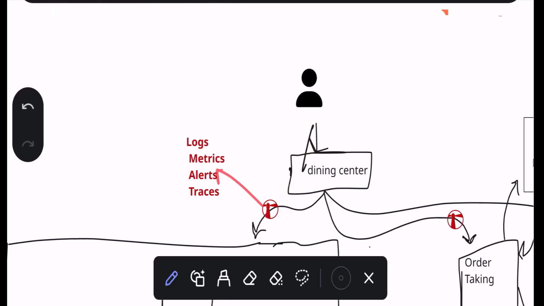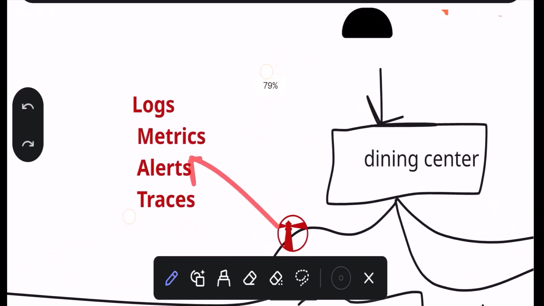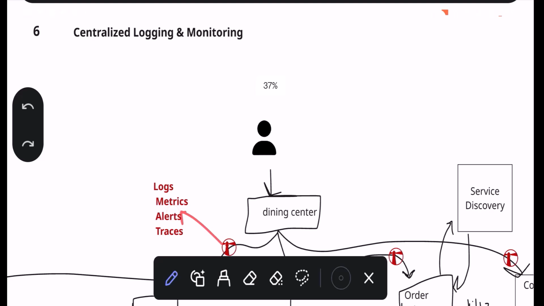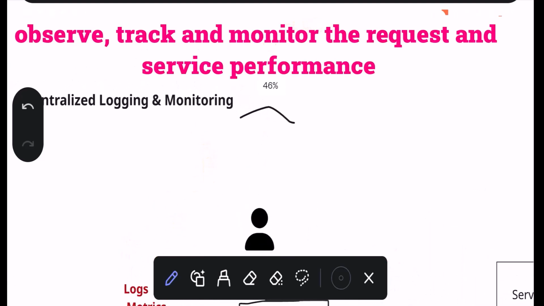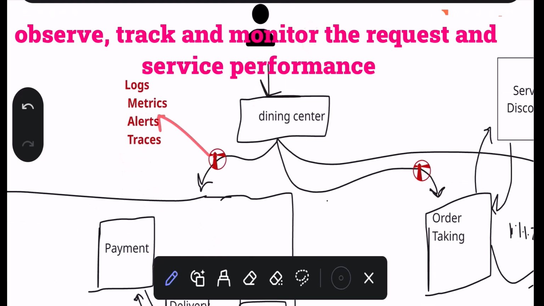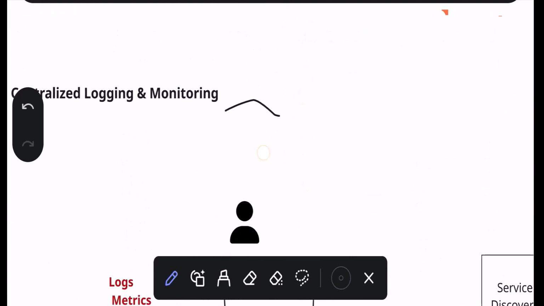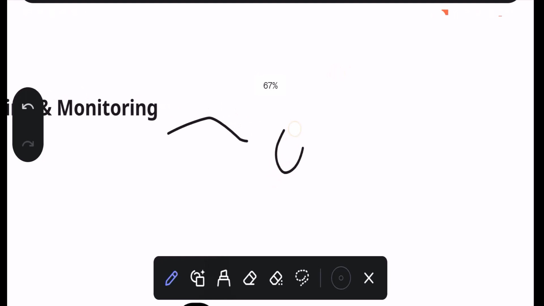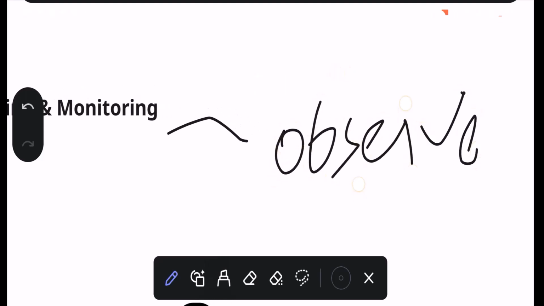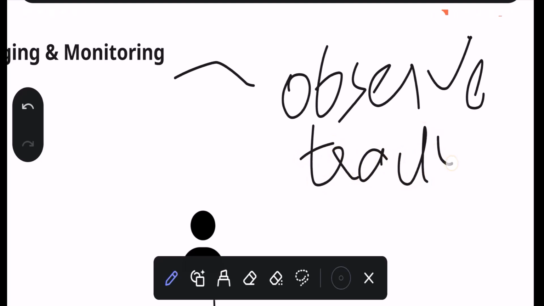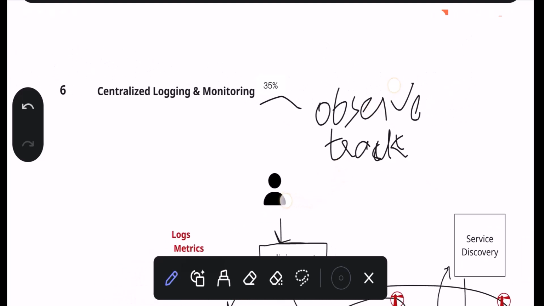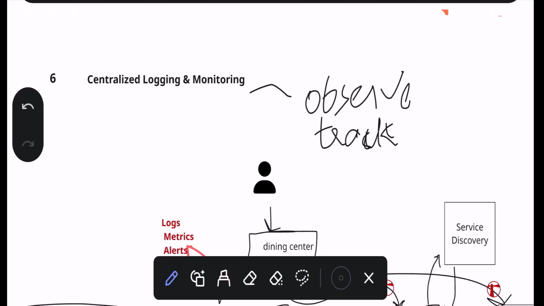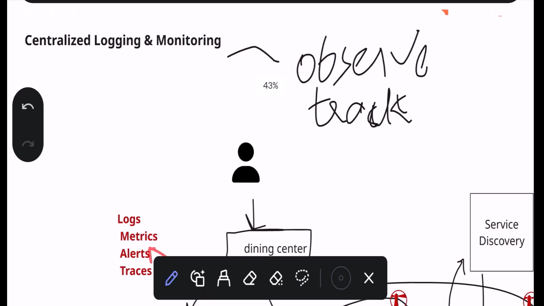So yes, we use these different logs, metrics, alerts, traces, so that we can observe and track requests. The goal is to observe and track the request, and also, if there is some failure, then we can use mechanisms like circuit breaker to handle the system failure.